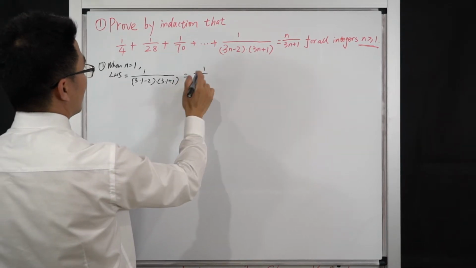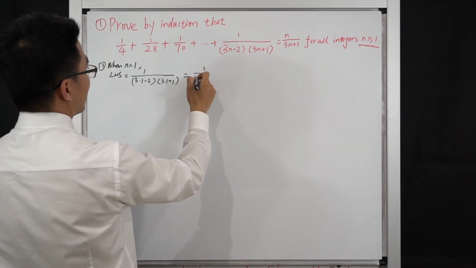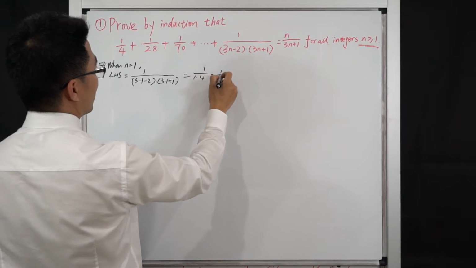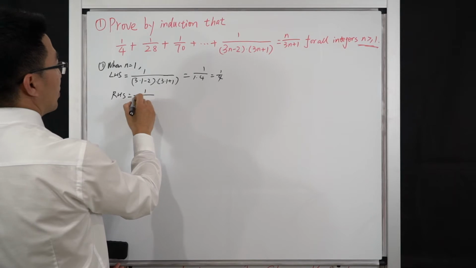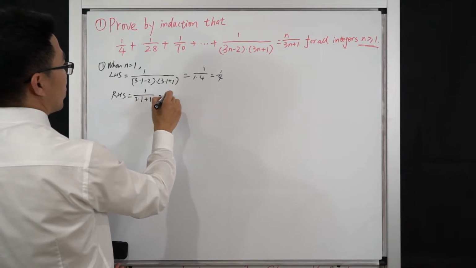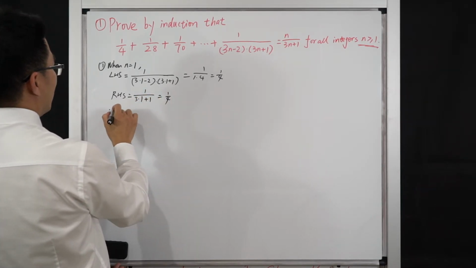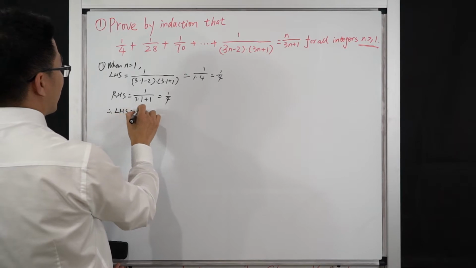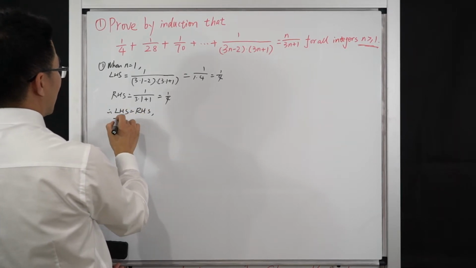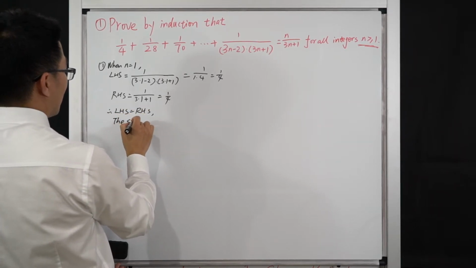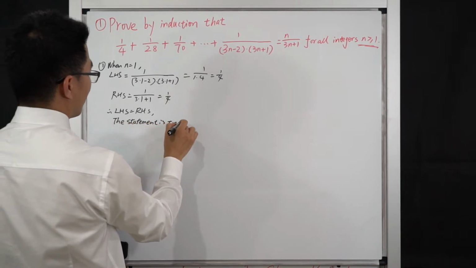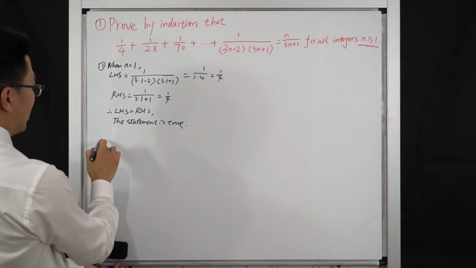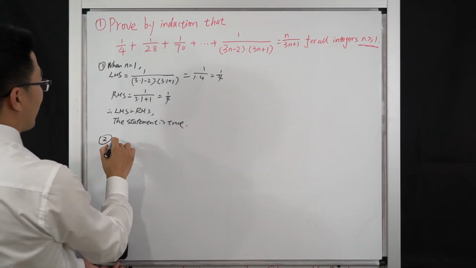So here would be 1 times 4, just 1 over 4. Okay? So the right-hand side would be 1 over 3 times 1 plus 1, equal to 1 over 4. Then the left-hand side equal to the right-hand side. The statement is true.